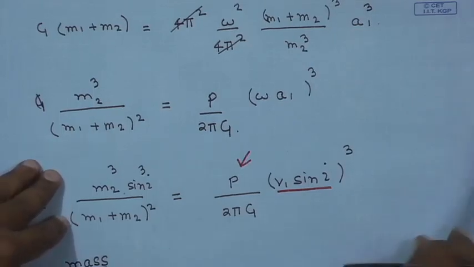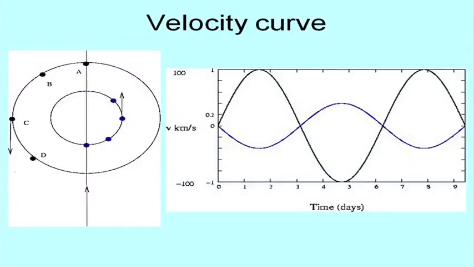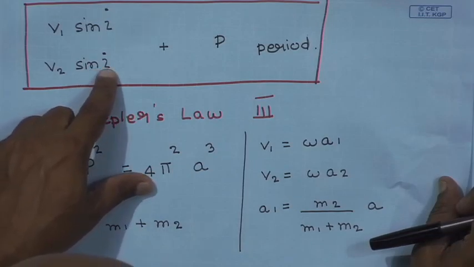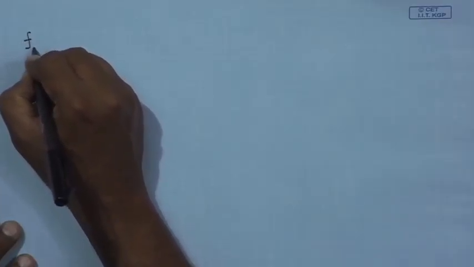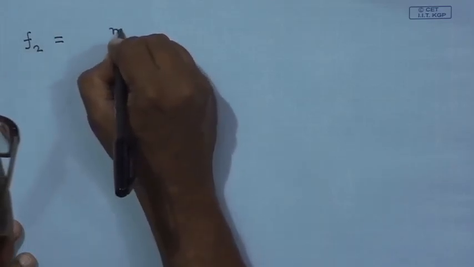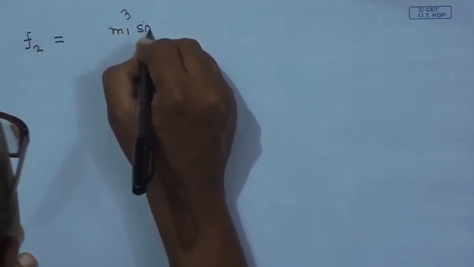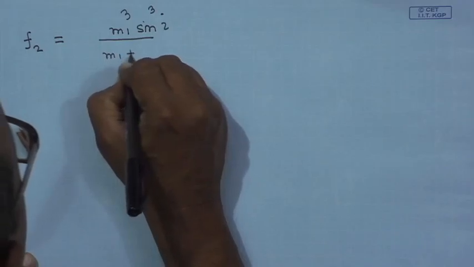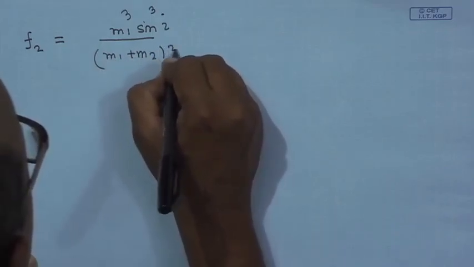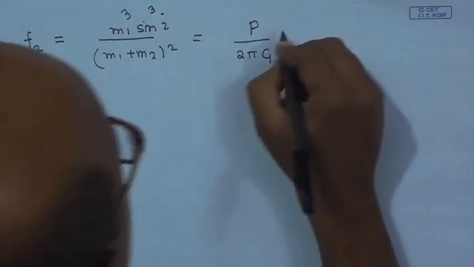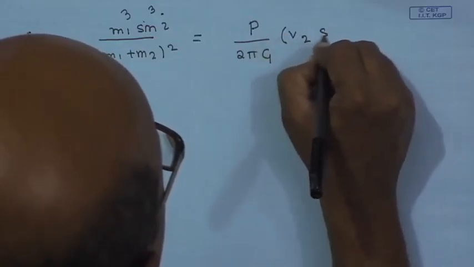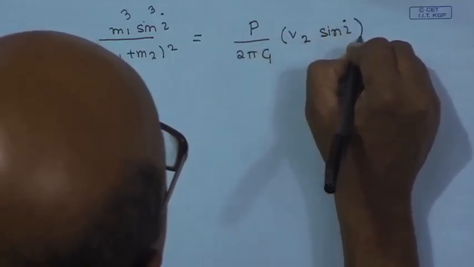Similarly, if I had the observations of the second object, they will give me V2 into sine of the inclination angle, and what I will get from this is the mass function of the second object, which is equal to m1 cube sine I cube by (m1 plus m2) square, and observationally this is P by 2 pi G V2 sine I cube.